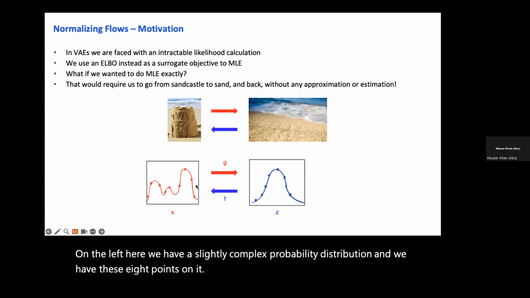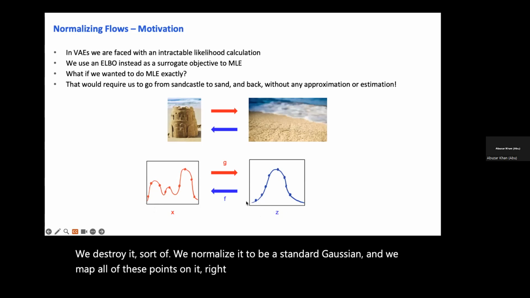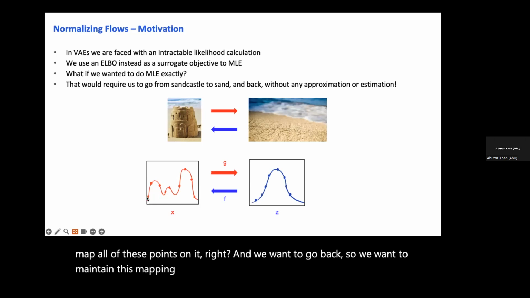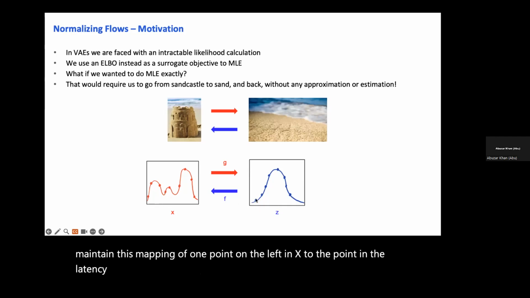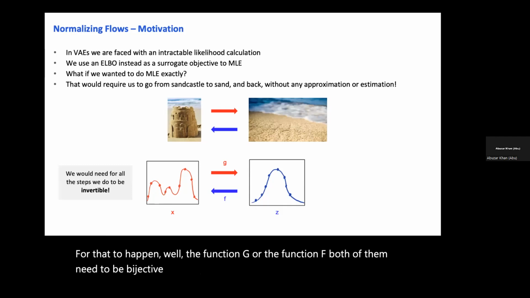We destroy it, we normalize it to be a standard Gaussian, and we map all of these points on it, right? And we want to go back. So we want to maintain this mapping of one point on the left in X to the point in the latent Z, right? For that to happen, well, the function G or the function F, both of them need to be bijective. And why? Because we want invertibility.